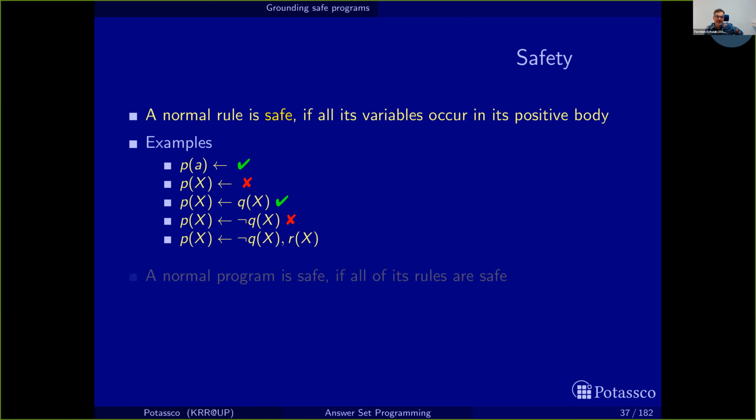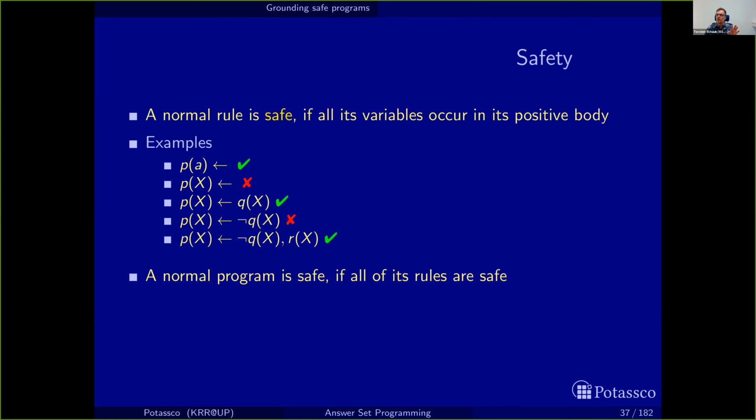The next one is unsafe because the only variable x occurs in a negative body literal. The last rule is safe again: there is a non-q of x, but you made it safe by adding a predicate from where the instantiations can be taken. A program is safe if all rules are safe.